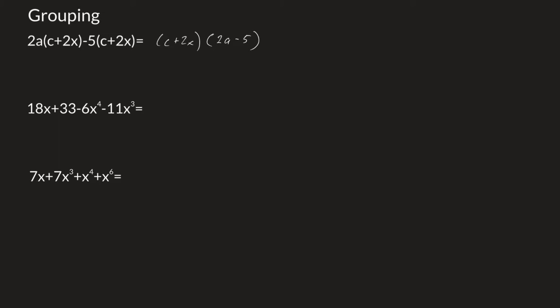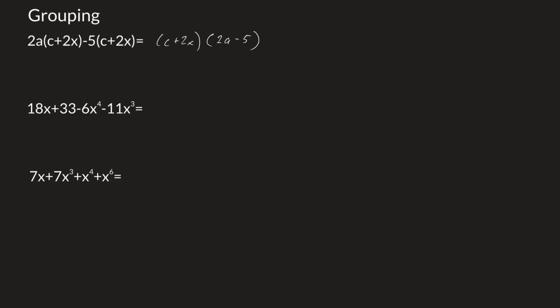The difference between grouping and greatest common factor is that when you have two things exactly in common, like c plus 2x, both to the same power, then you're left with this clean look of two binomials being multiplied by one another.